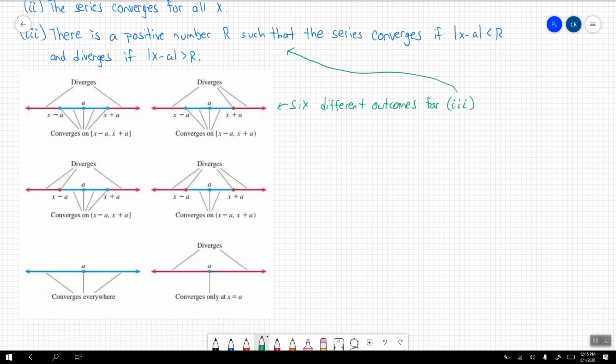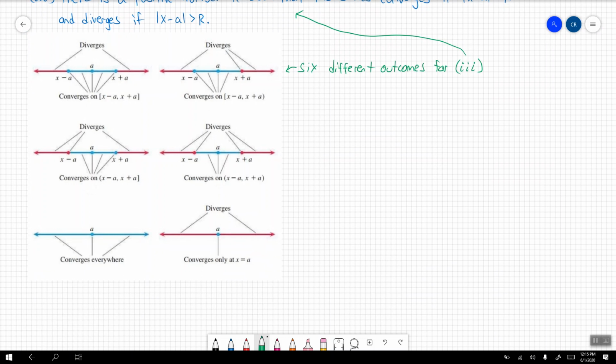So this is what we're having to look at, and what we always want to do is we always want to test the endpoints. So I'm going to write this as a note.